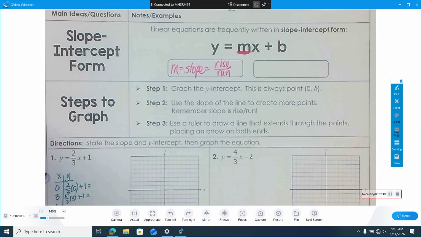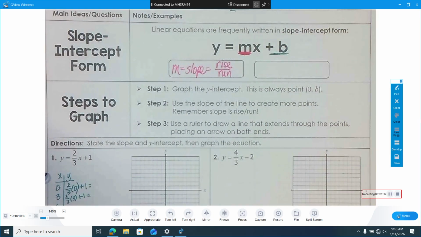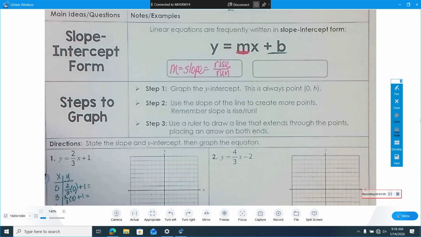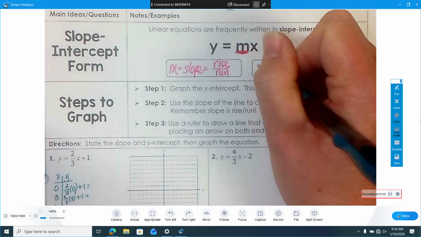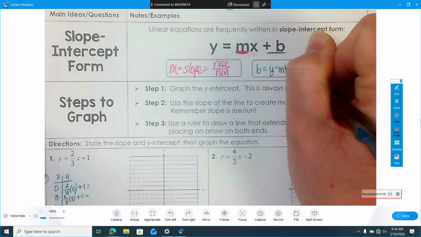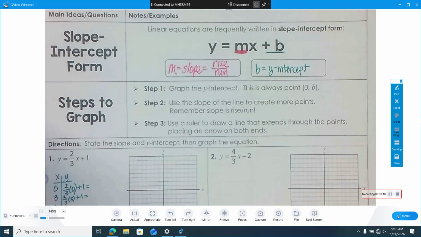And then this b is a weird letter. I don't know why they chose b. It's kind of weird. b is called the y-intercept. We haven't talked about what that is yet, the y-intercept.